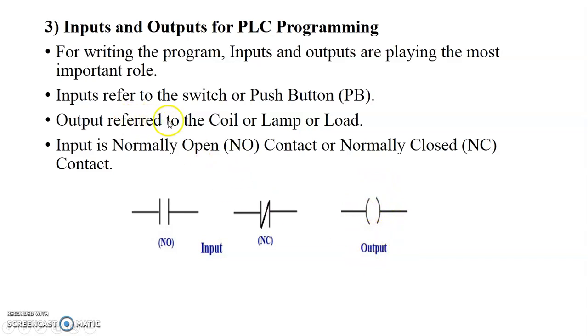Output is referred to as a coil, or it can be a lamp or a load, and input refers to a switch or push button. So the conclusion is that input is a normally open or normally closed contact, and output is the coil. These are very important while drawing the ladder diagram.